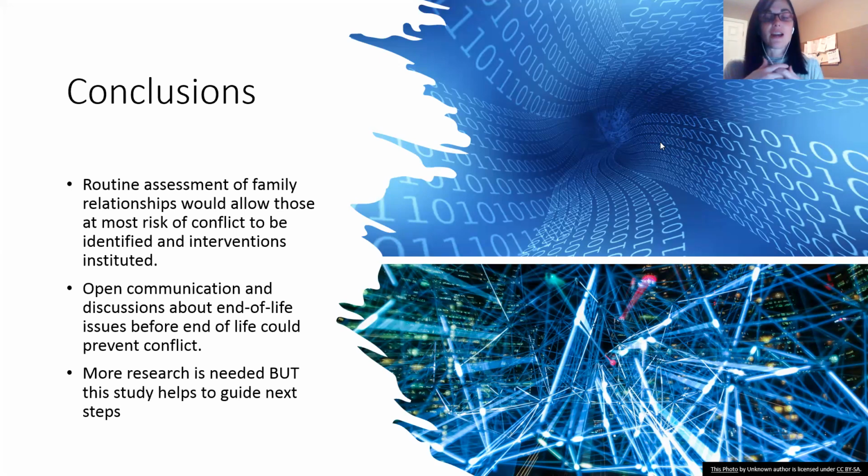And it does have a strong correlation with reducing conflict at end of life. And it absolutely acknowledges that more research is needed. But they felt there was information within this study, both what they found and what they learned from what they wish they would have done, to help guide them towards those next steps.